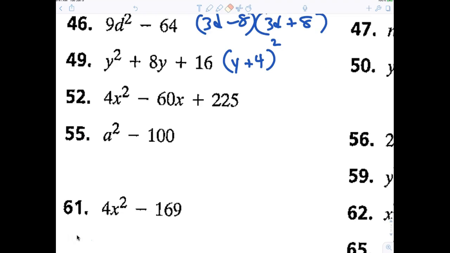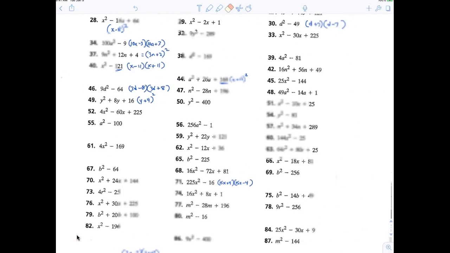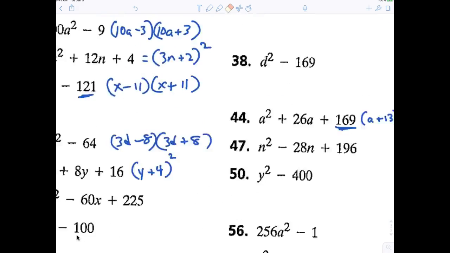All right, does anybody have any questions? Now what I want you to do is look at the worksheet and see if there's one on there where you're going, I'm not sure I would know how to do that one. Which one? Let's look at 37. What's wrong with that?